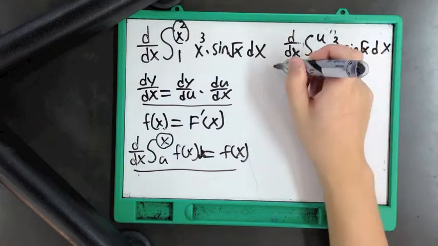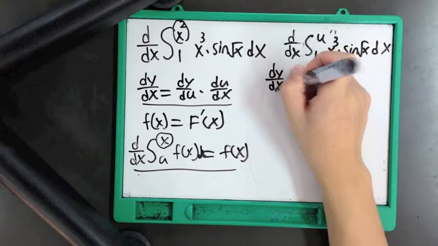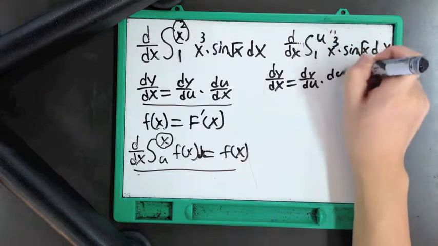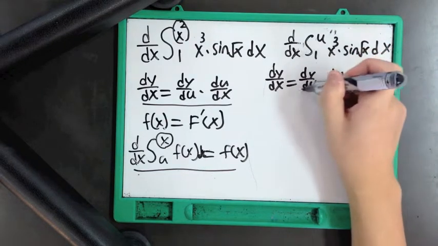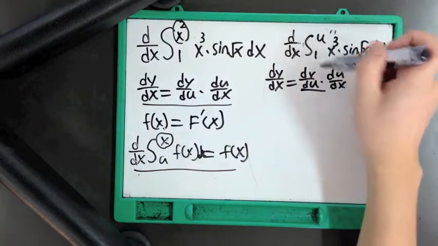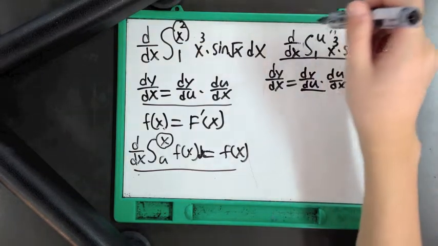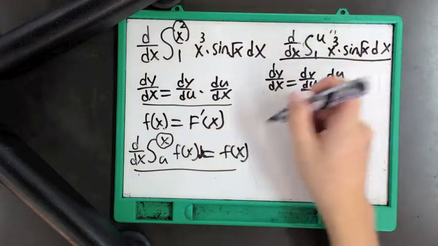So now we're going to separate into two parts, which is dy over dx equals dy over du times du over dx. For this part, according to the fundamental theorem of calculus, the derivative is still the same thing.